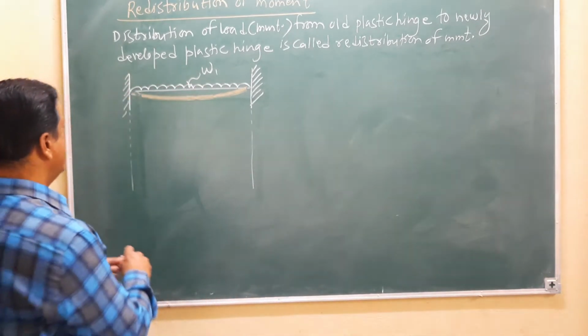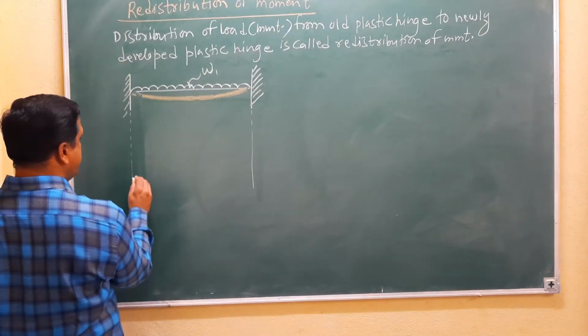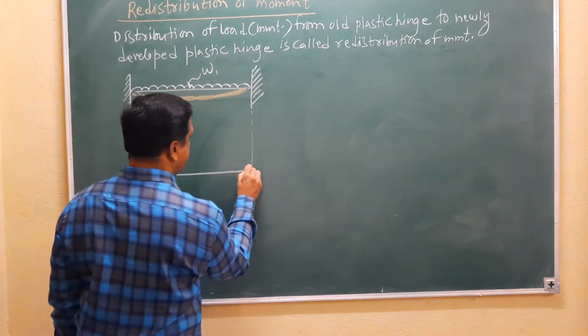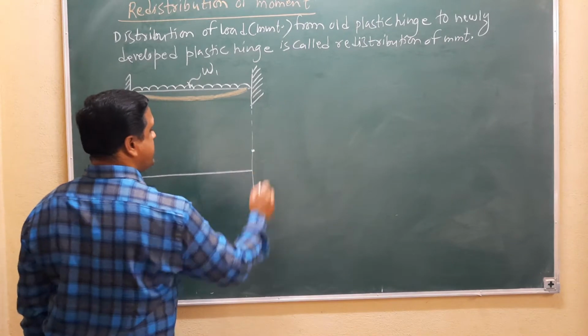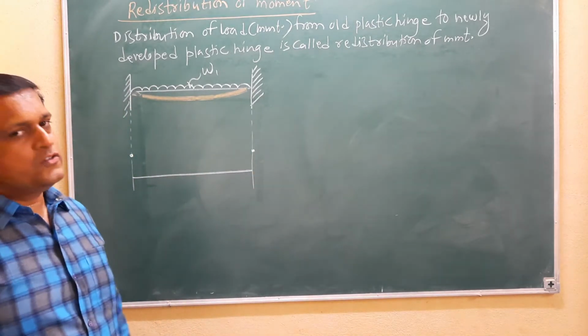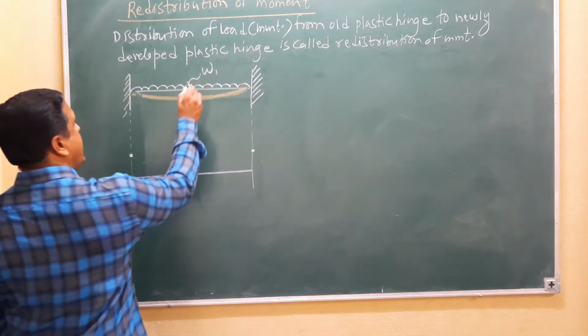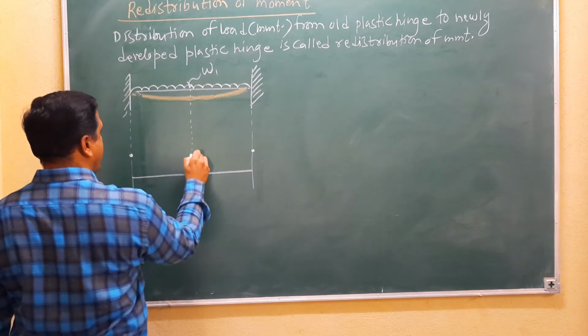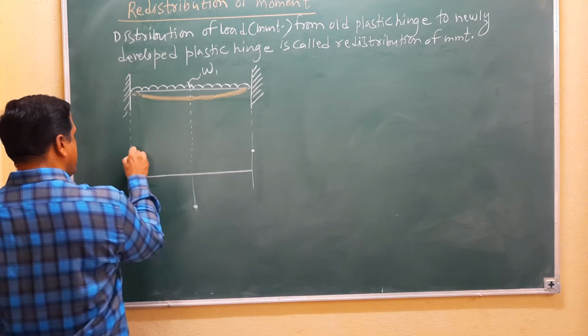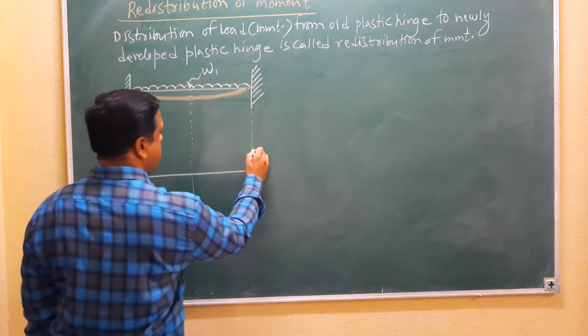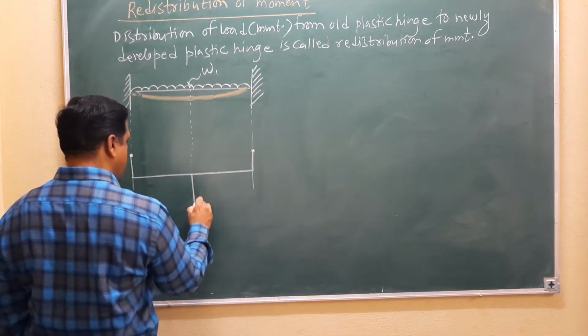So the bending moment diagram is like this. Maximum bending moment is developed on the support, obviously, and at the center the span moment is developed. So this is the support moment and this is the span moment.